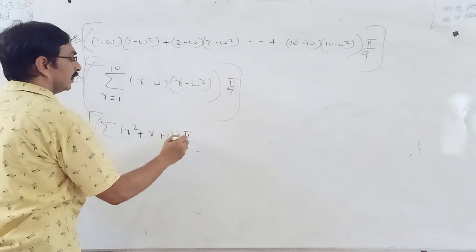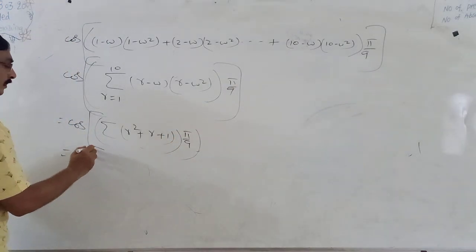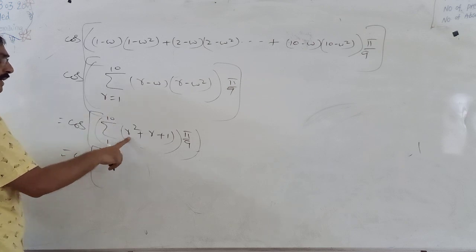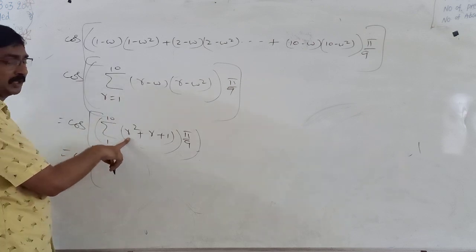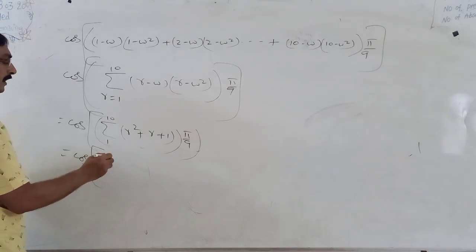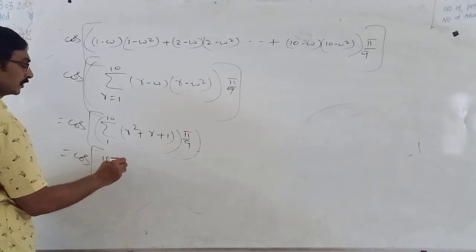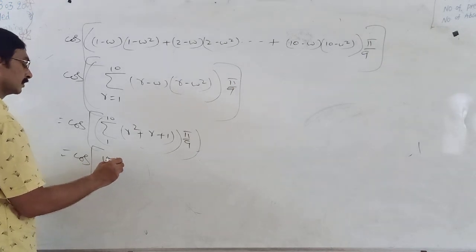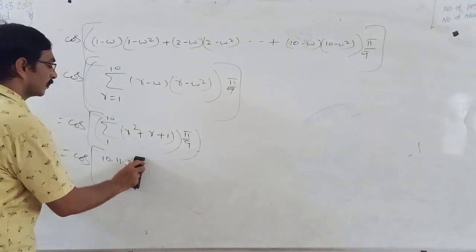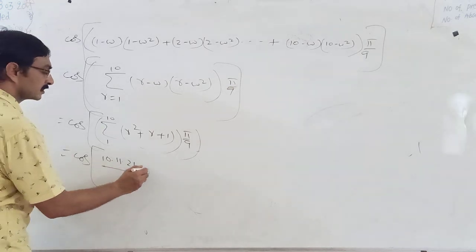Into pi by 9, equal to cos of sigma r square, r equal to 1 to 10, plus sigma r, plus 1 plus 1 plus 1 and so on 10 times, which is 10, into pi by 9. The sigma r square formula is n into (n plus 1) into (2n plus 1) by 6, so 10 into 11 into 21 by 6.